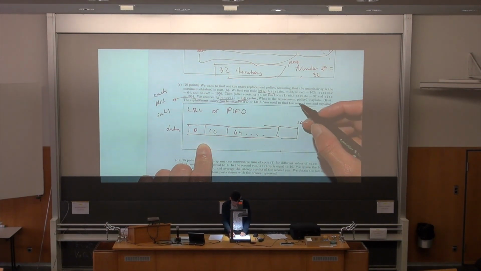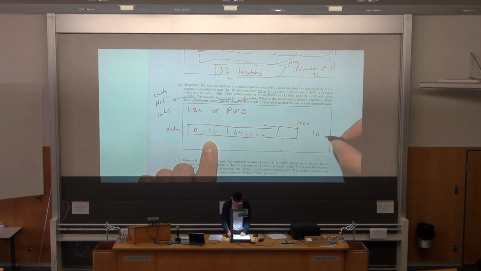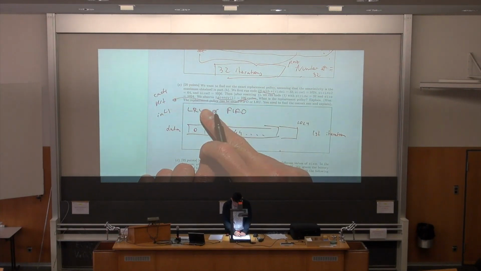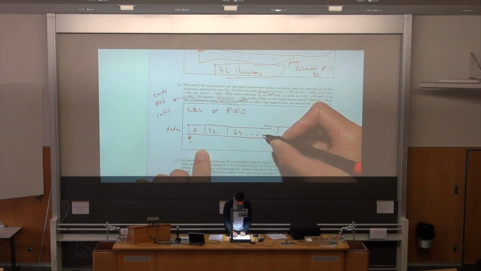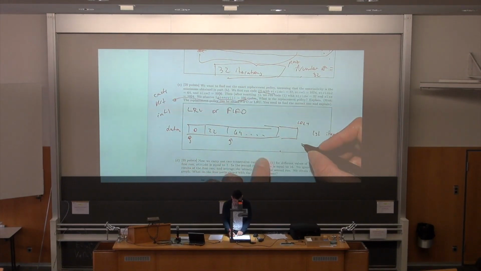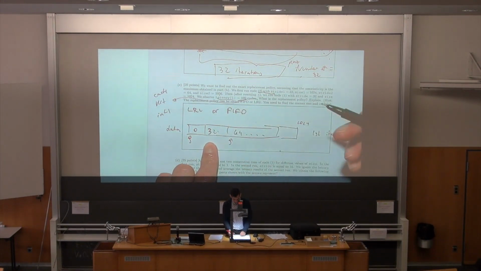And then you run it, this is the first iteration in the loop. And in the second iteration, I'm going to access 0, and then I access 64, and so on and so forth. So I didn't access element 32 in the second run.